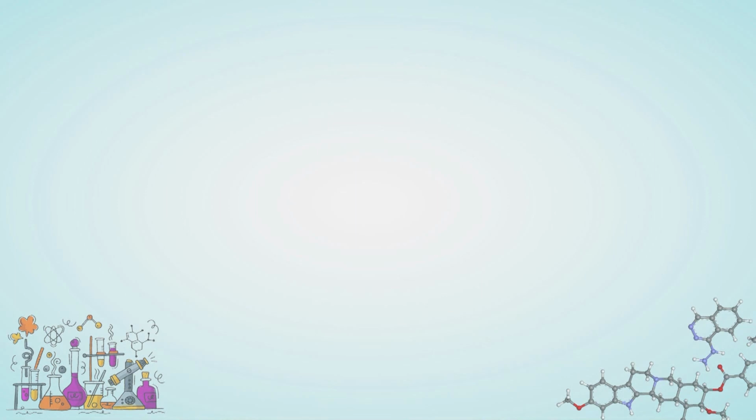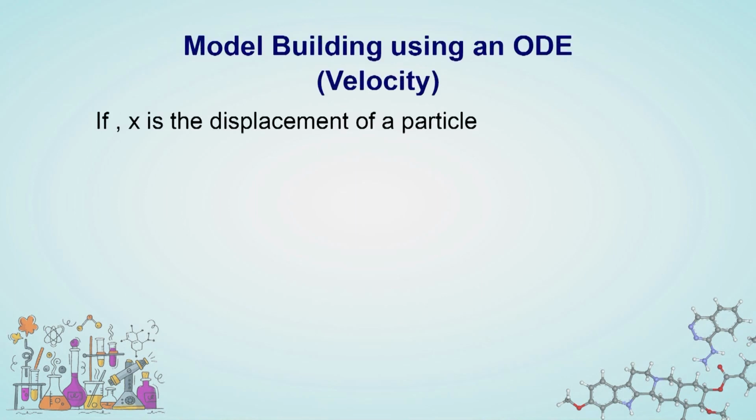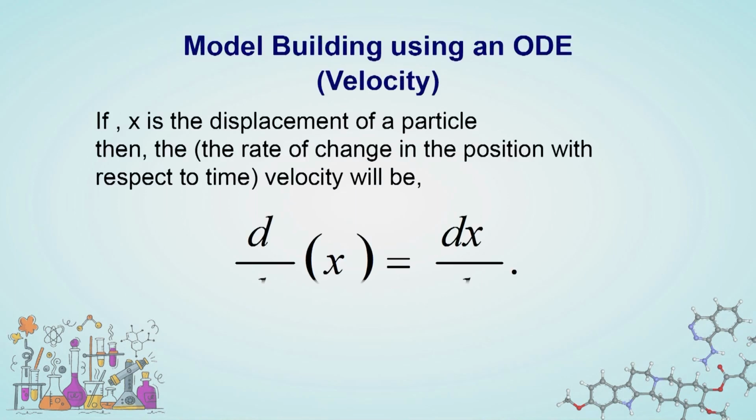Now we enter into an interesting observation. Suppose there is a particle. We observe this particle at the position x. It means we observe this particle at a certain time t. But after some increment in time t, what will be the position of x?